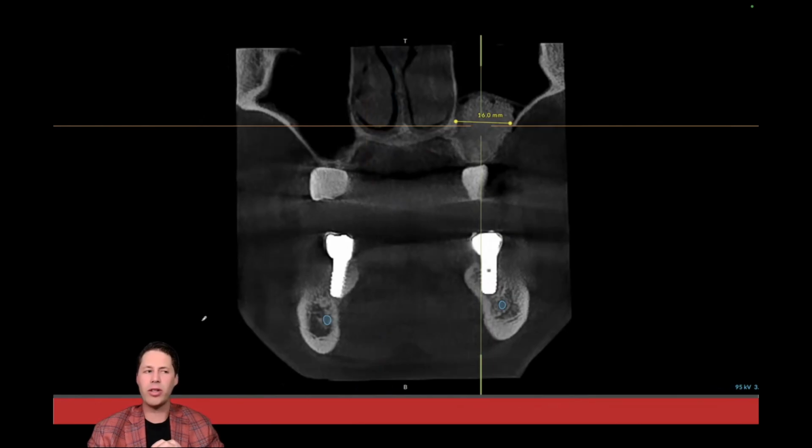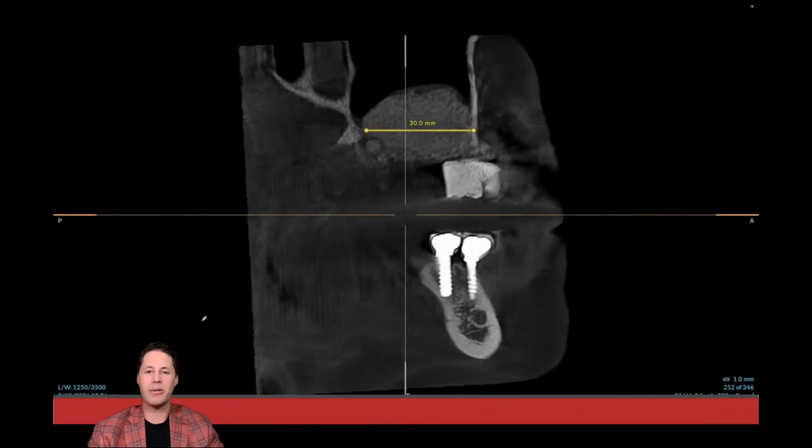As a general rule of thumb in terms of wound healing, for every millimeter of bone height, we want to allow 1 month of healing. Am I going to wait 16 months on this case? No. But this case I am going to let sit for 9 to 12 months before re-entry, because that's asking the body to do a lot in terms of regeneration and healing into the maxillary sinus.